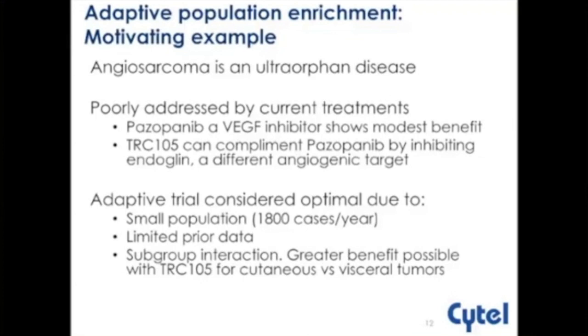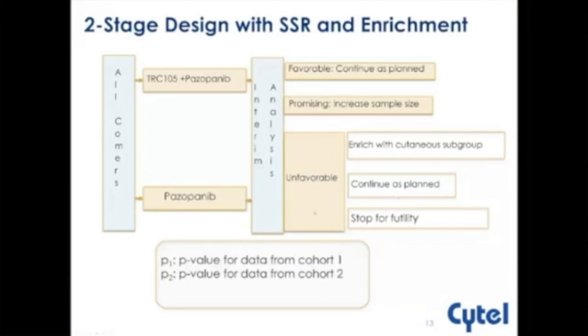So the type of design that has been employed in such a situation is the following that you see here, and which I'm going to try to explain in the graph that you see in front of you. So we have an interim analysis. First of all, we have the enrollment in two cohorts that will be done in a sequential manner.